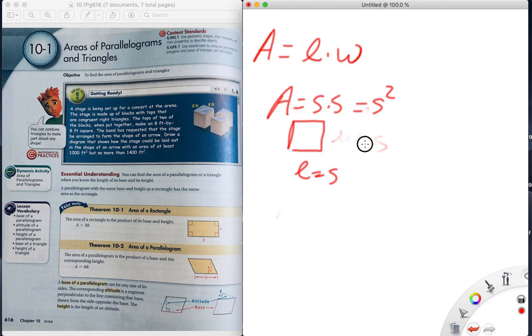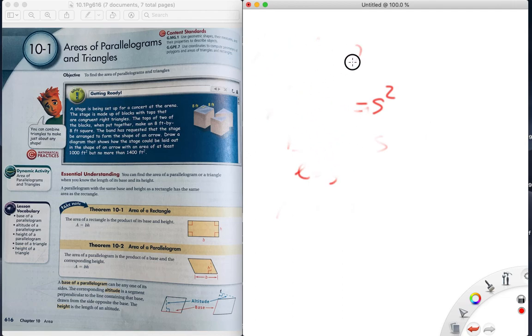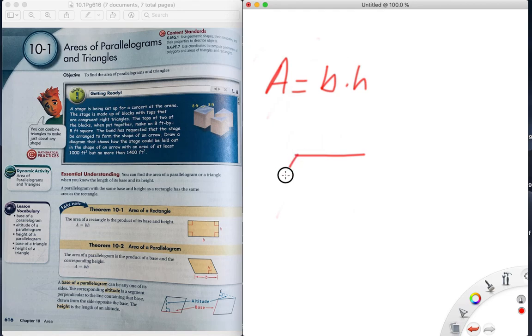So the reason why in this particular textbook they're calling it base times height is because it's a segue into the parallelogram. So we talk about the area of a parallelogram. It is also base times height. Here's our parallelogram. Remember, in a parallelogram, opposite sides are parallel, opposite sides are congruent.